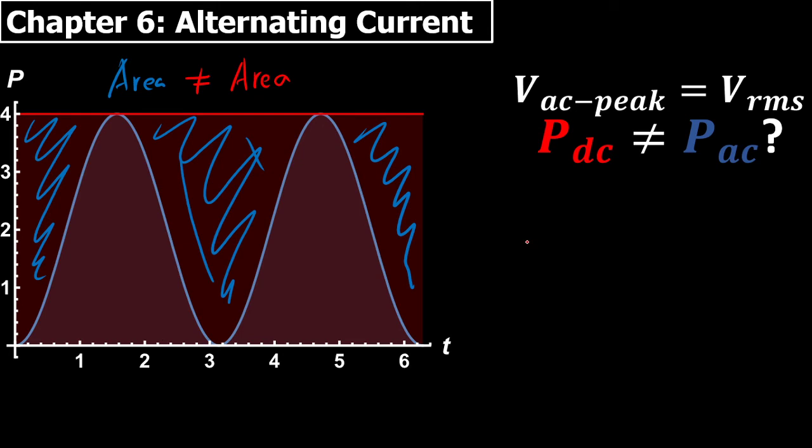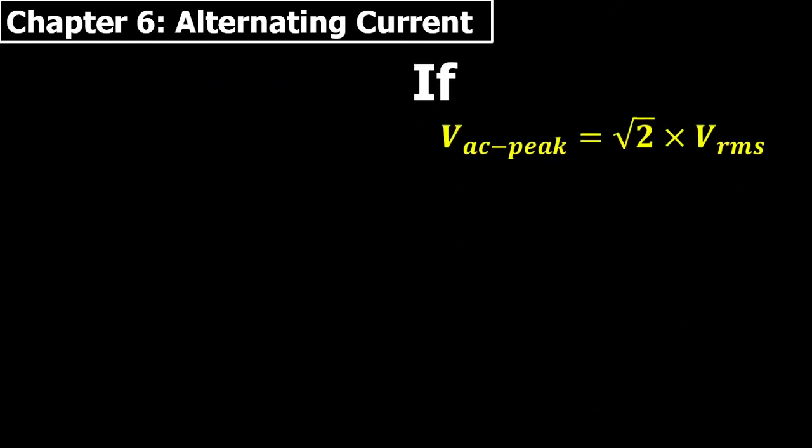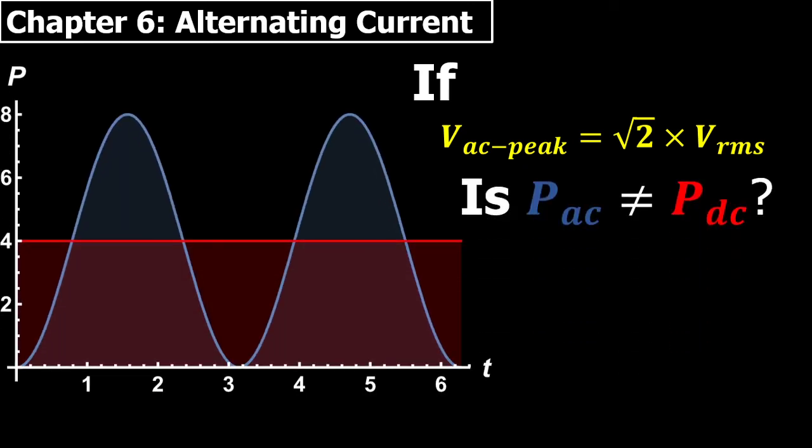So now what do we do? Let's propose another idea and see if it solves the problem. That idea is that the peak voltage for AC equals the square root of 2 times the RMS voltage. Let's draw that out. Is the power the same? It is. It may not look obvious at first glance, but if you split this into halves and label them 1 and 2, you can cut this piece off and put it in here.